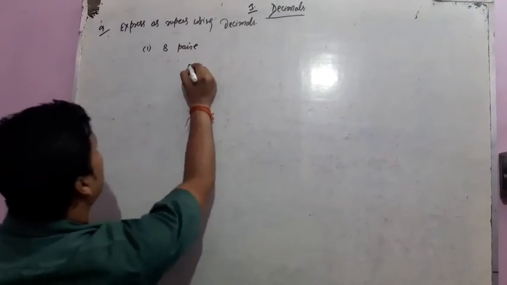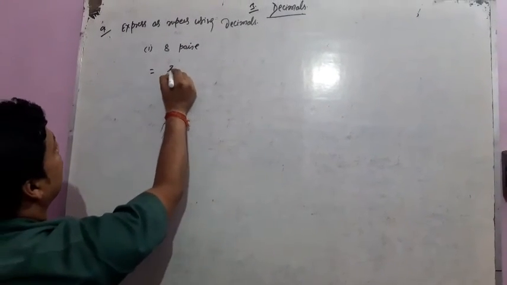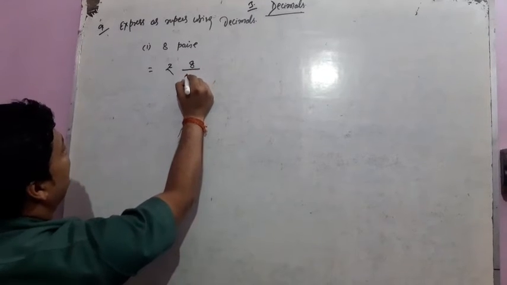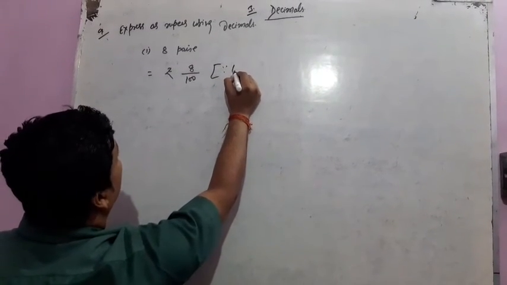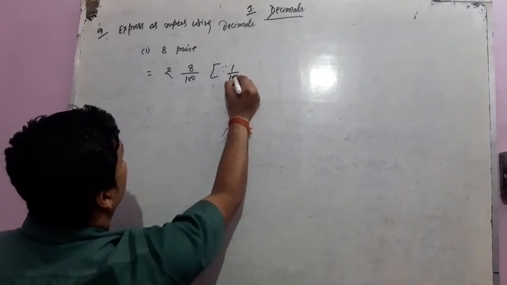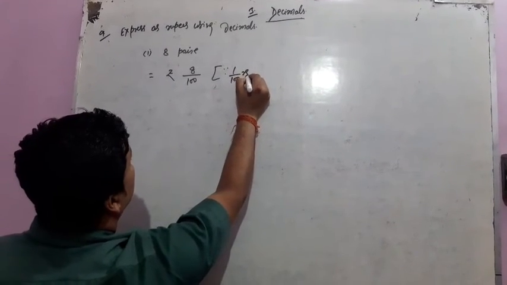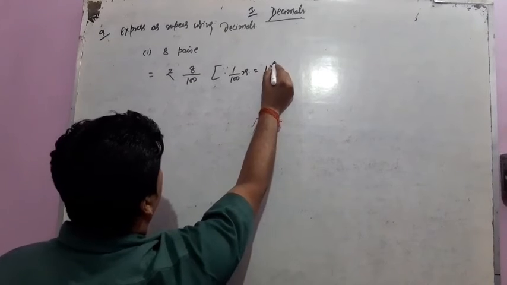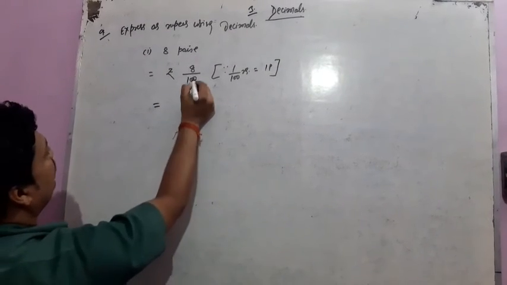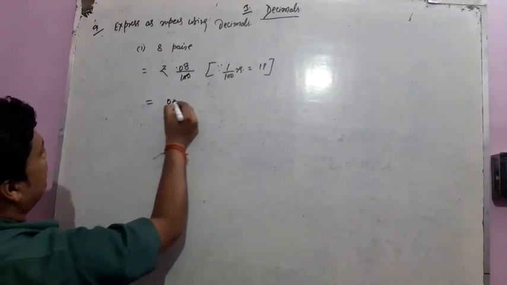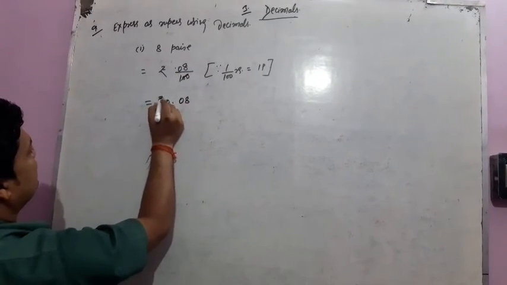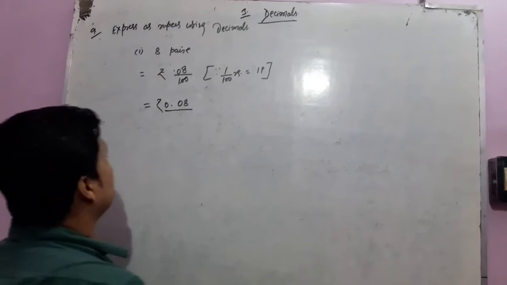Whenever you have to convert paise into rupees, you have to divide the paise by 100, because 1 by 100 rupees is equal to 1 paisa. Therefore, now here 2 zeros are present, so put a 0 here, put a decimal. 0.08 rupees. That's our answer.